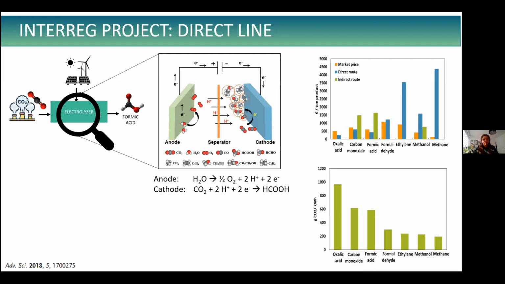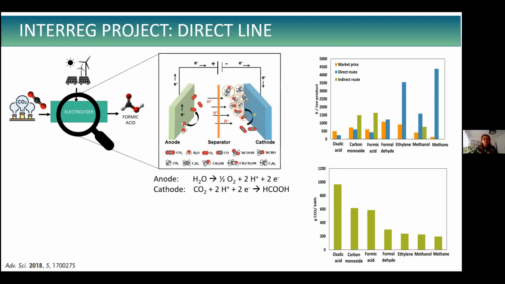And then the protons recombine with the CO2 and the electrons in the cathode to form a wide variety of products. The product distribution of the reaction depends on the electrolysis conditions, such as the potential you apply, the catalyst material, the electrolyte nature, the pH, or the temperature.